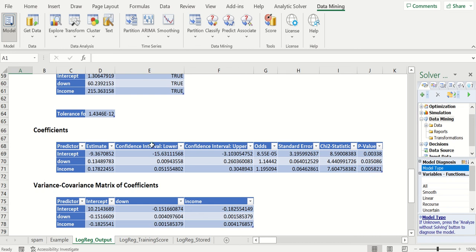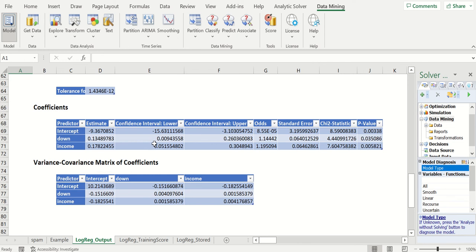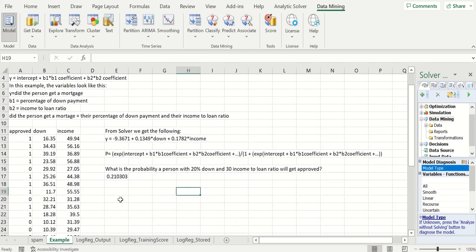So it makes sense that all of these variables stay in our model. And then the last thing that we have is the actual coefficients themselves. Intercept is minus 9.3671. The beta coefficient for the down payment is 0.1349. The income, 0.1782.